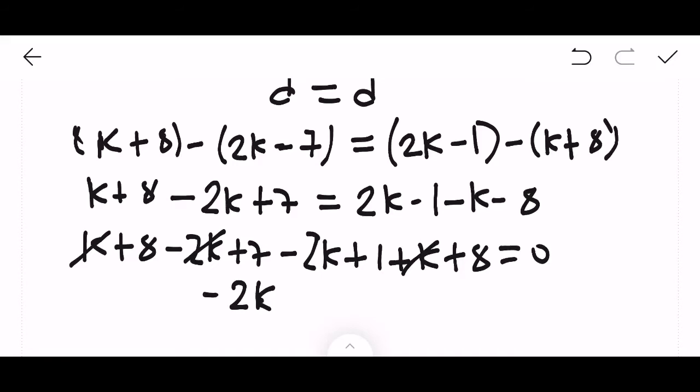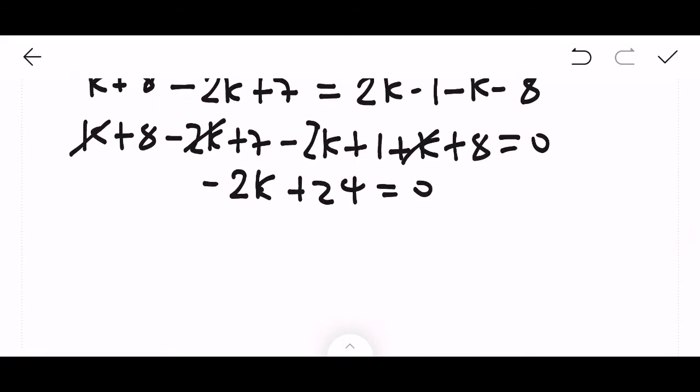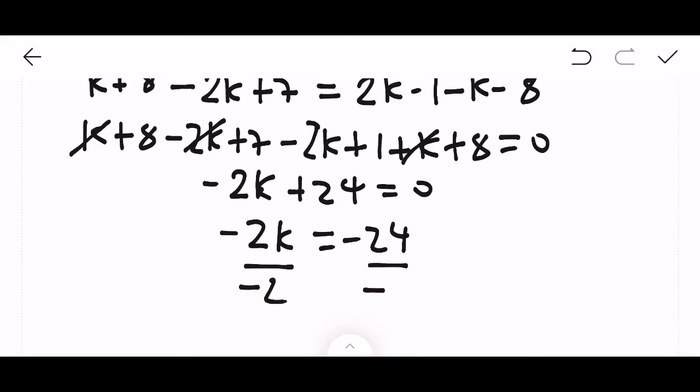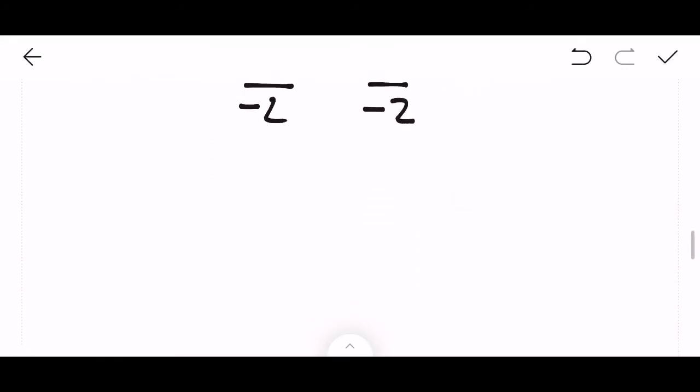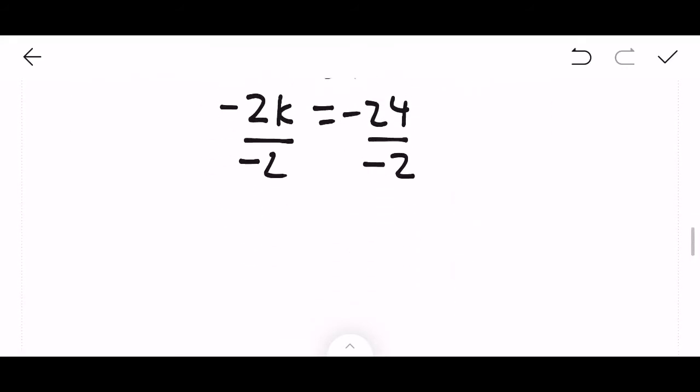That will give us positive 24 equals 0. So we can say minus 2k equals minus 24. To get k alone, divide by minus 2. We have k equals 12.